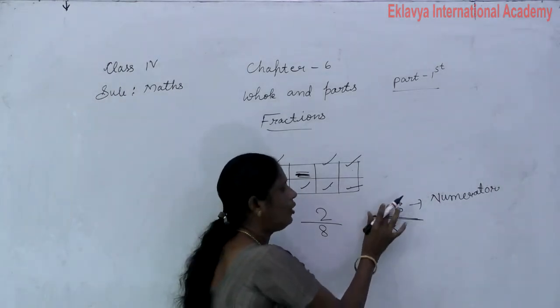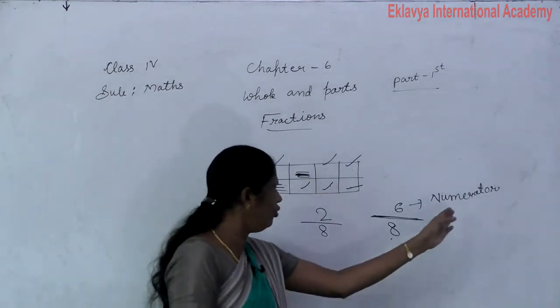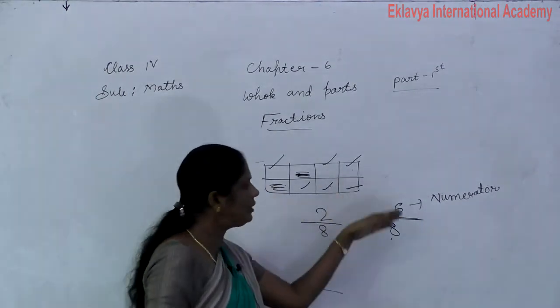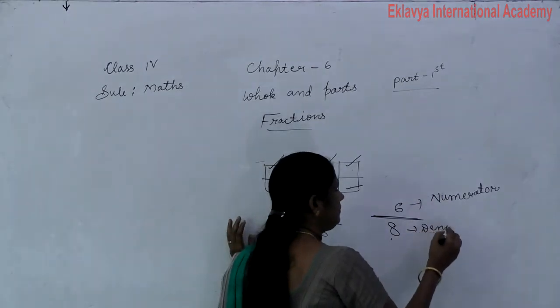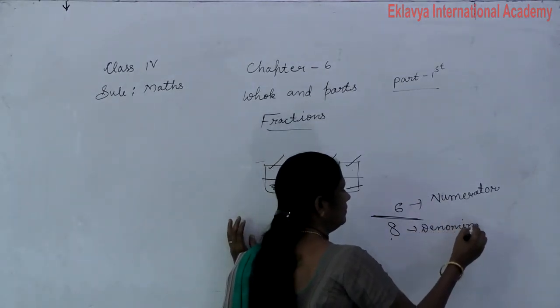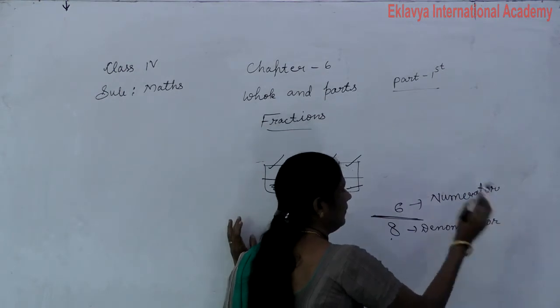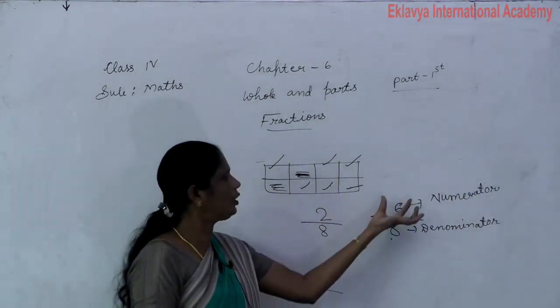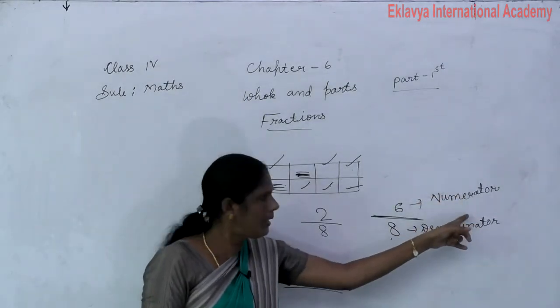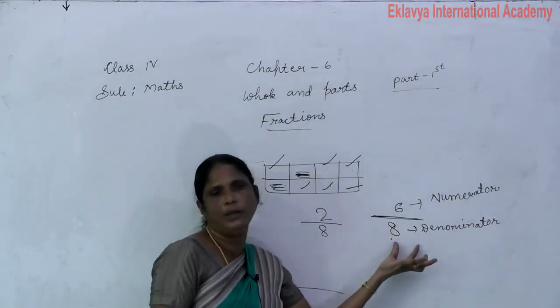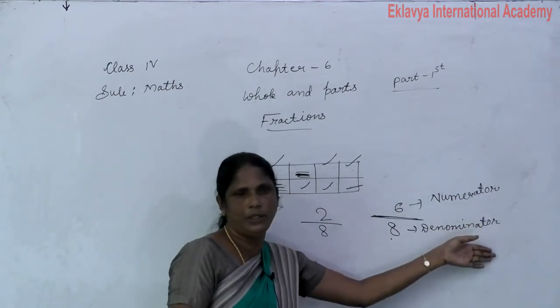The number above the line is called numerator. The number below the line is called denominator. The top number is called numerator. The bottom number is called denominator.